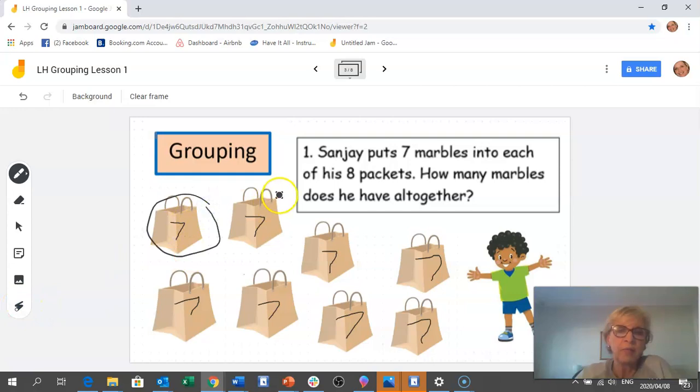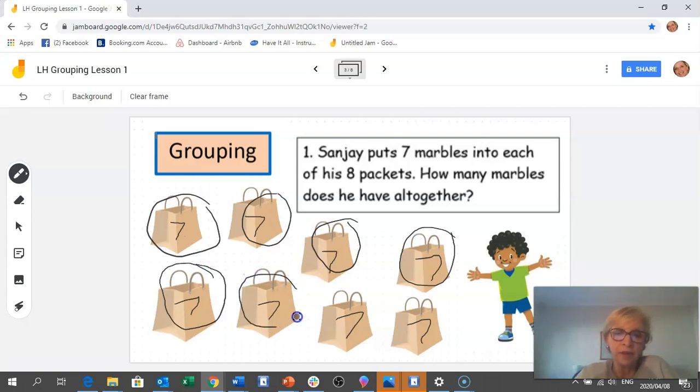7 plus 7 is 14. Plus 7 is 21. Plus 7, 28. Plus 7, 35. Plus 7, that's 6 sevens, it's 42. Add another 7, which means we have 7 sevens, so we have got 49.